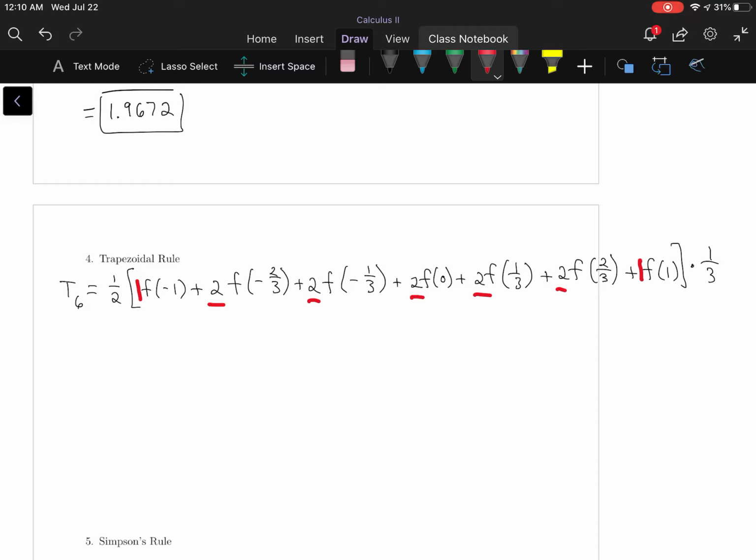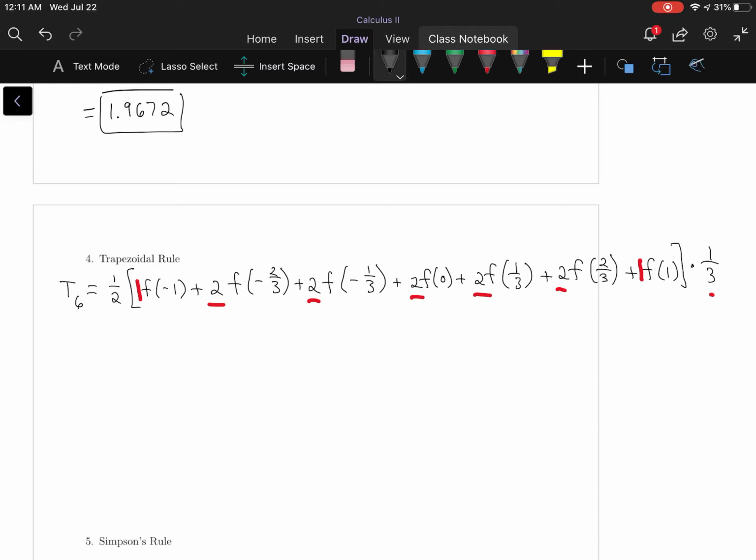And so that is how it's going to work. And so this is going to give you essentially the sum of your base 1 plus base 2's. The 1/2 comes from 1/2 base 1 plus base 2, and the height, or the width of your subintervals, is going to be 1/3 for this problem. And so that's where that part comes from.